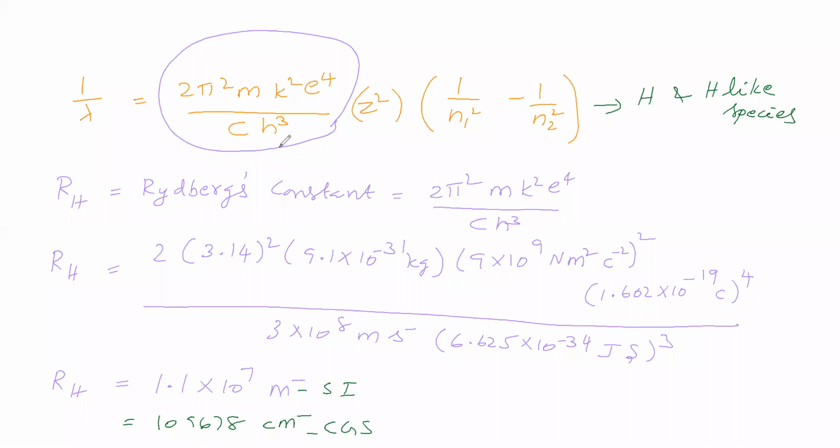So now we will take this formula: 1 by lambda is equal to RH into z square into 1 by n1 square minus 1 by n2 square. R means Rydberg's constant, H means hydrogen. It is the formula for calculating the wavelength. Here RH is a constant value.